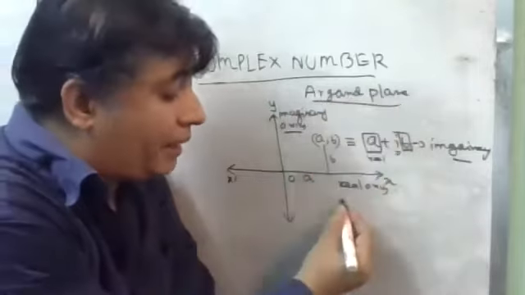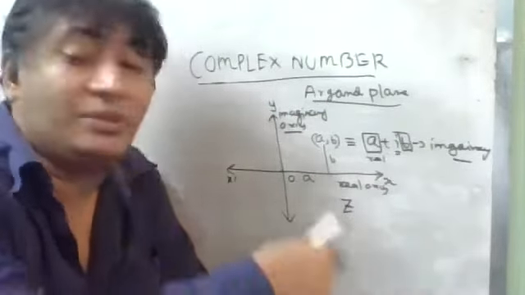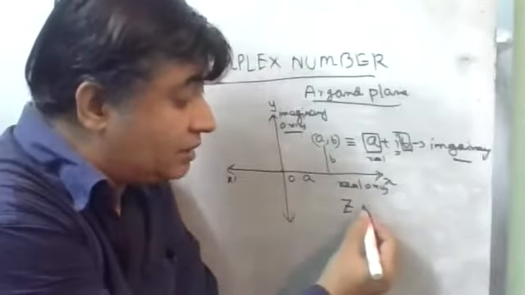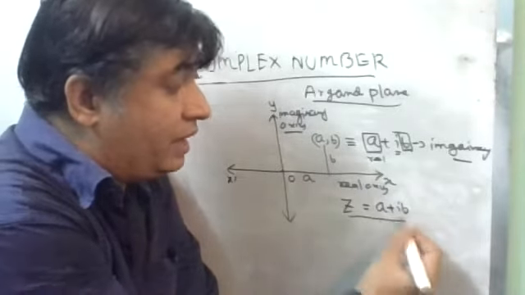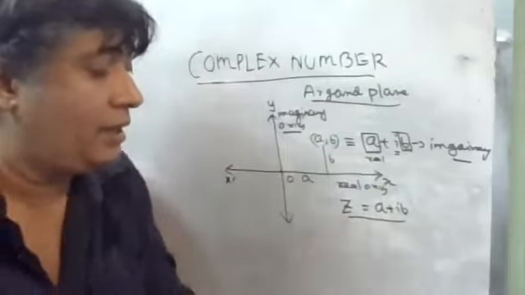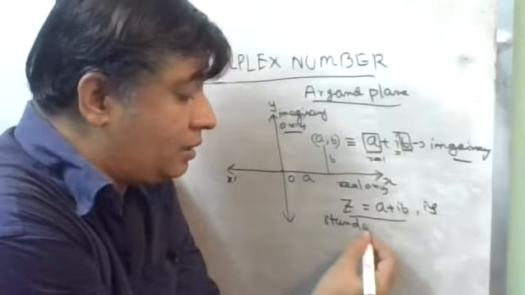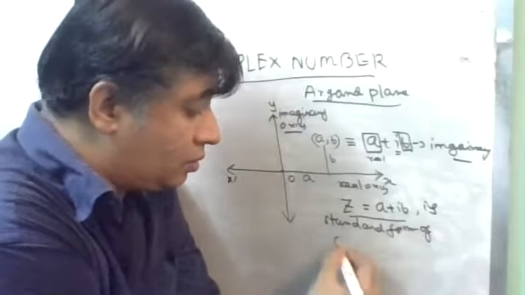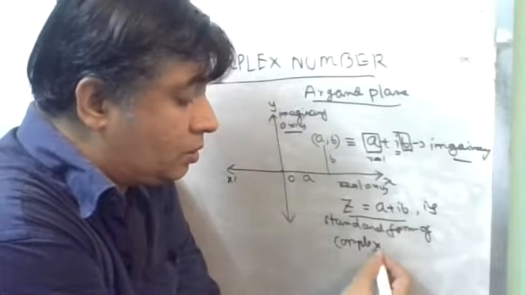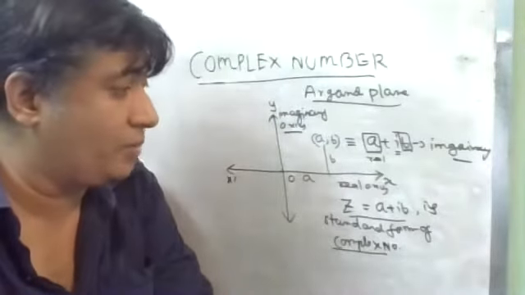It is denoted by z. z is equal to a plus ib, which is the standard form of a complex number.